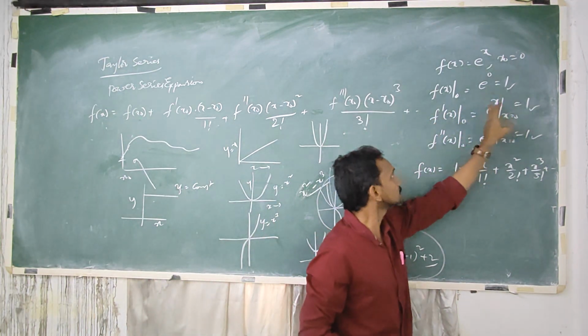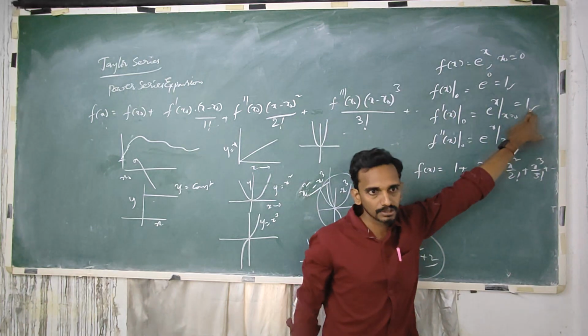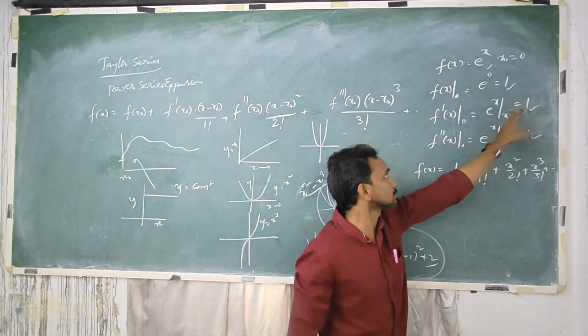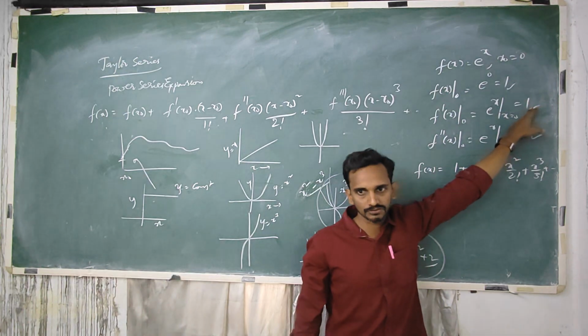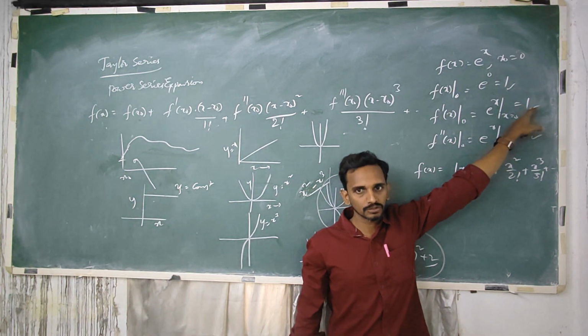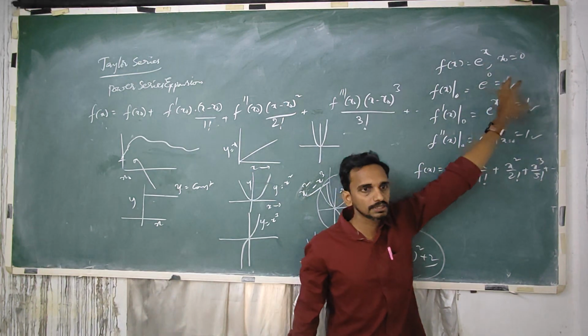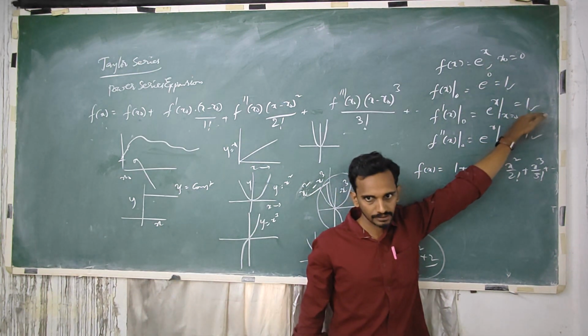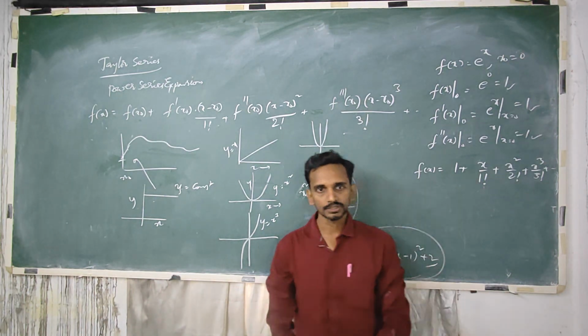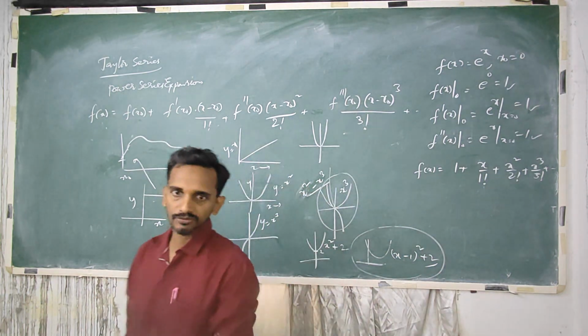If somebody supplies me just the number, since I know the function, I'm just confirming that the slope is 1. But even without knowing the functional form, if just the slope information is supplied, I can arrive at the power series for the given function.